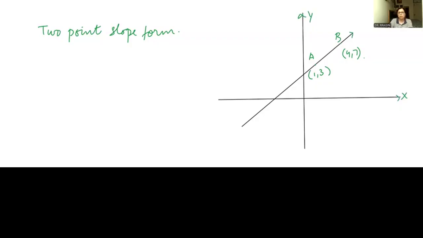Now, two-point slope form is simply a modification of the previous form. How can we do this? The equation says y minus y1 is equal to m times x minus x1. In the previous case, theta was given to us, so we could find the slope using tan theta.